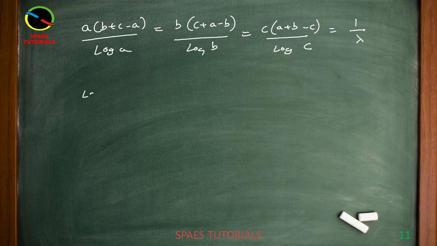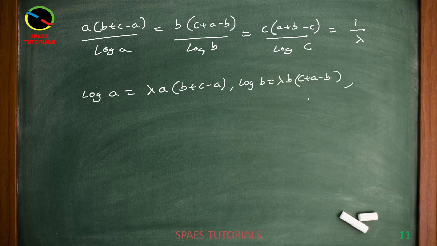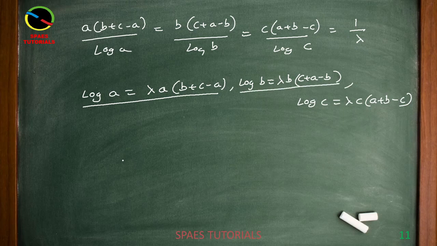Now from this I can write log a is equal to lambda a(b + c - a), and log b is equal to lambda b(c + a - b), and log c will be equal to lambda c(a + b - c). Now let us do one thing. This is log a value, this is log b value.